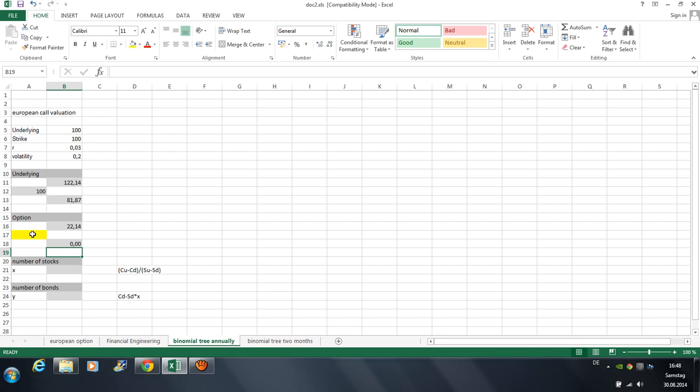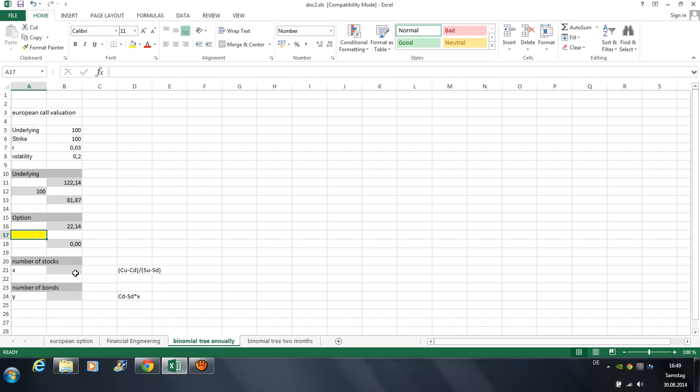So now we want to know the price of the option today. In order to calculate this with the binomial tree model, there are these two formulas you can see here, and this is how we calculate the number of stocks and the number of bonds, because there's a way to basically build the call option with stocks and bonds.